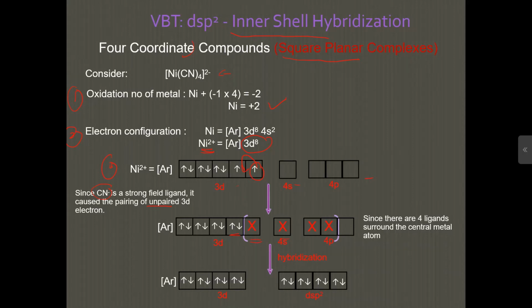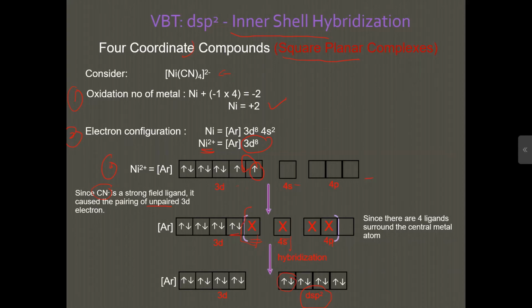Since there are 4 ligands surrounding the central metal atom, you hybridize 1 d, 1 s and 2 p, and you get dsp2 hybridization for this complex. You fill up these empty orbitals with the electrons from the ligand.